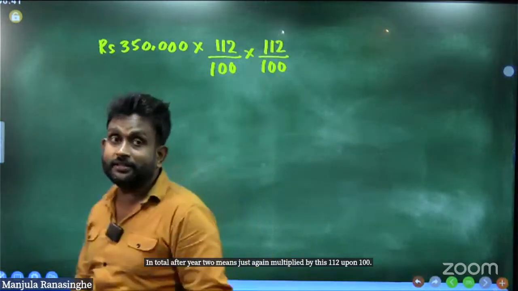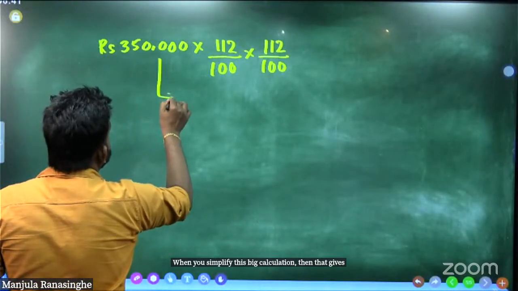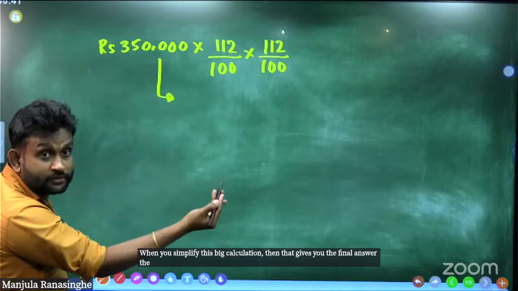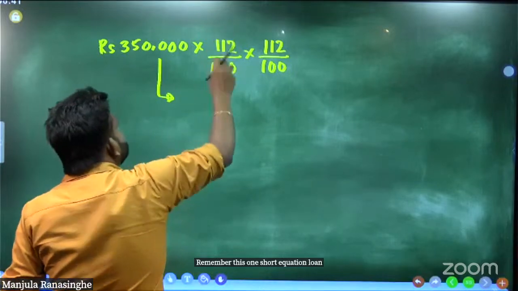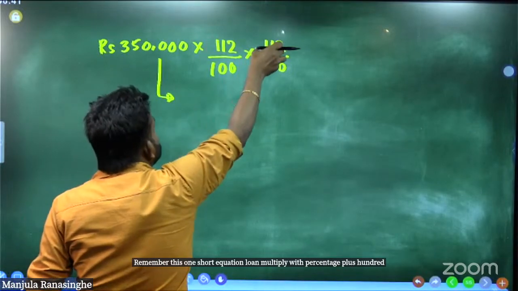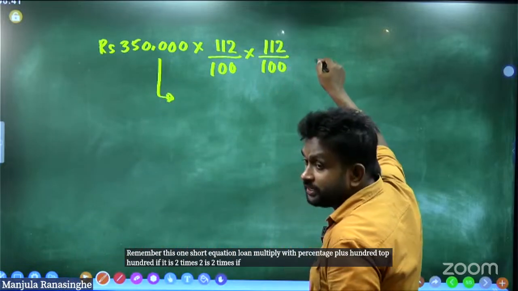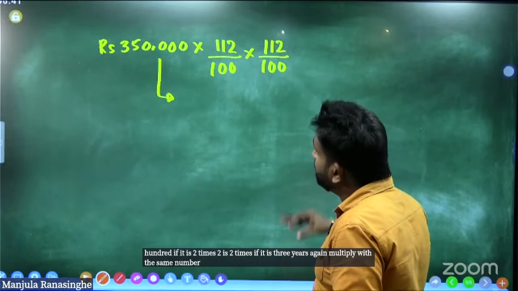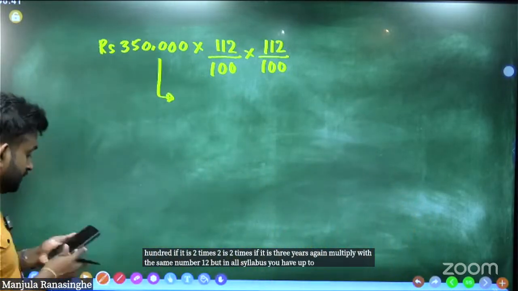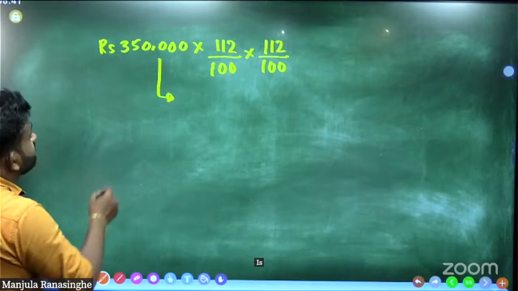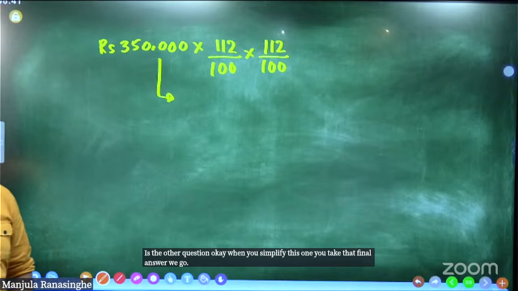When you simplify this big calculation, that gives you the final answer, the total amount at the end of 2 years. Remember this one shot equation. Loan multiplied with percentage plus 100 over 100. If it is 2 years, 2 times. If it is 3 years, again multiply with the same number, 112 upon 100. But in the O-level syllabus, you have up to 2 time periods. Okay, when you simplify this one, you get the final answer at once.